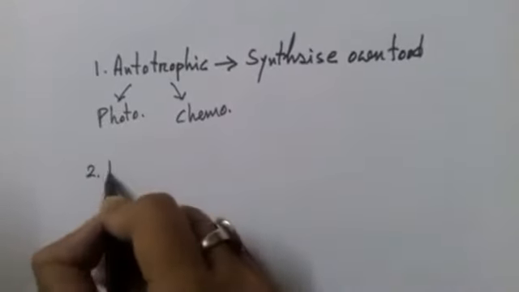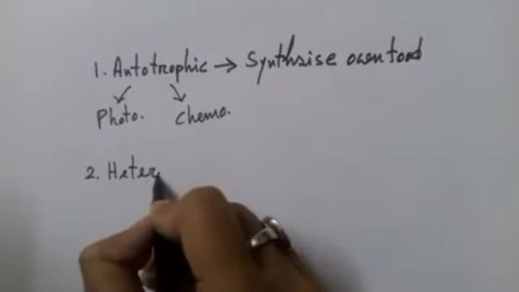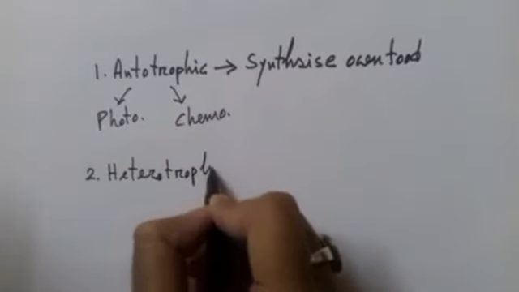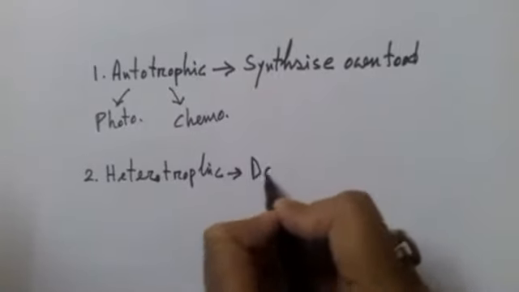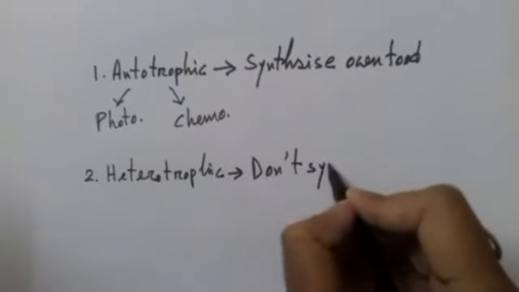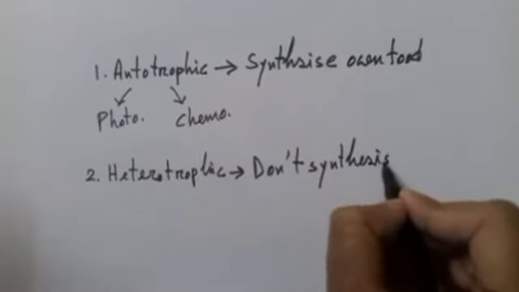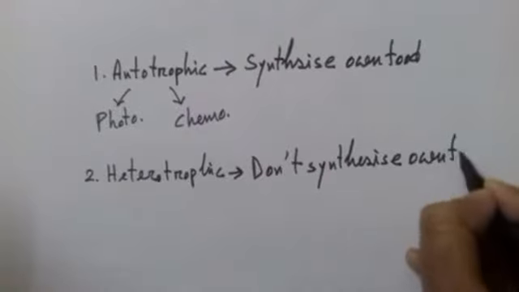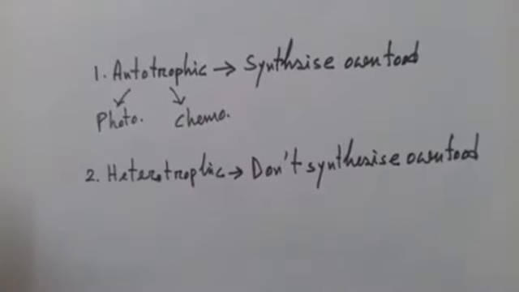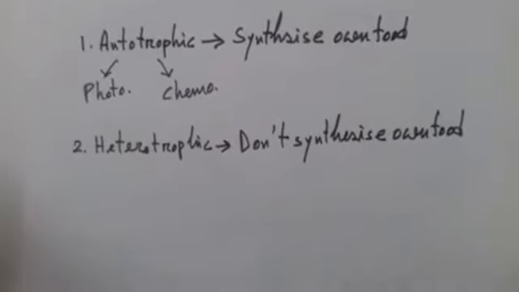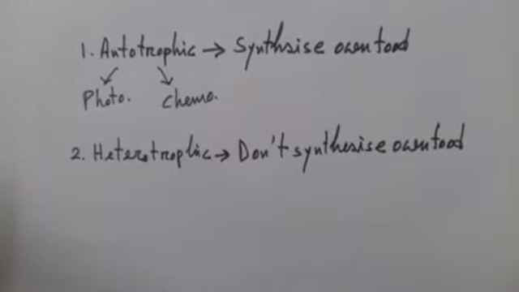And the second type is heterotrophic, means they don't synthesize their own food, and for food they depend on other organisms or on dead organic matter.